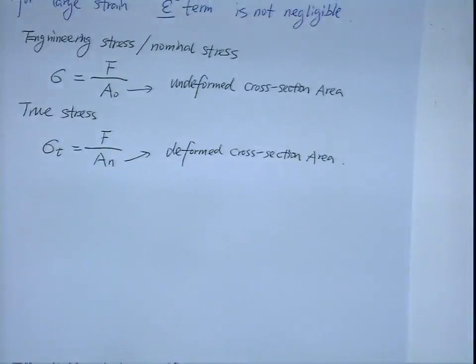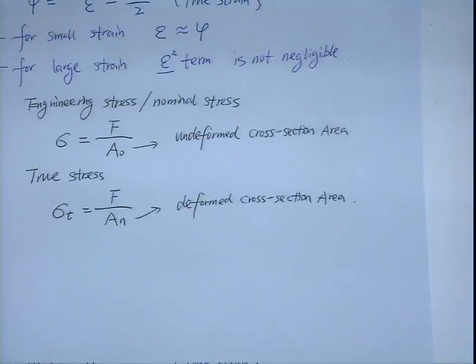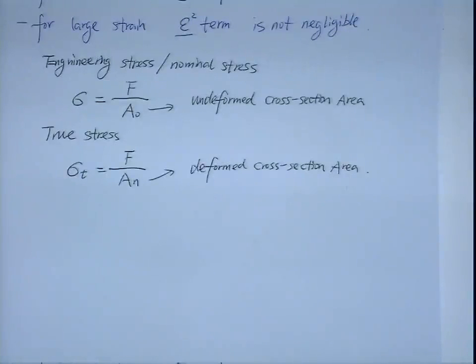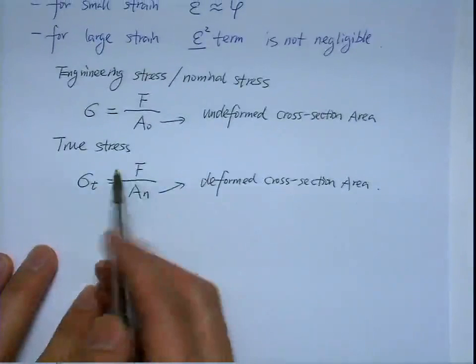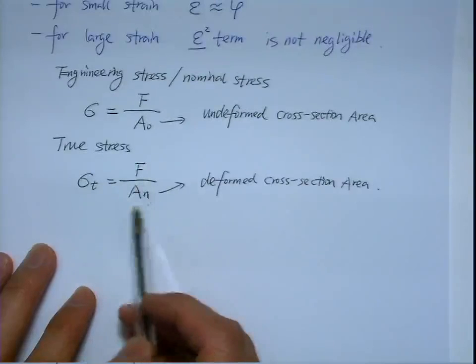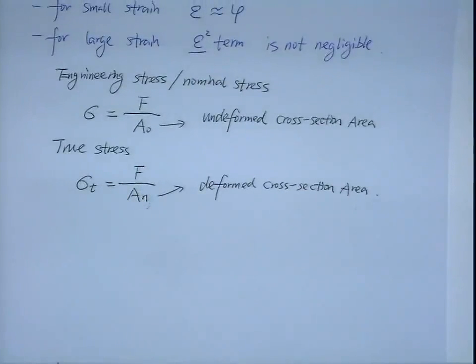So the question now is, which one should I use in most engineering applications? The answer is, that's why it's called engineering stress and strain: we use it in our engineering problems. So we don't use true stress and true strain in most cases. Partially because for true stress, the cross-section area keeps changing and you couldn't measure it accurately.